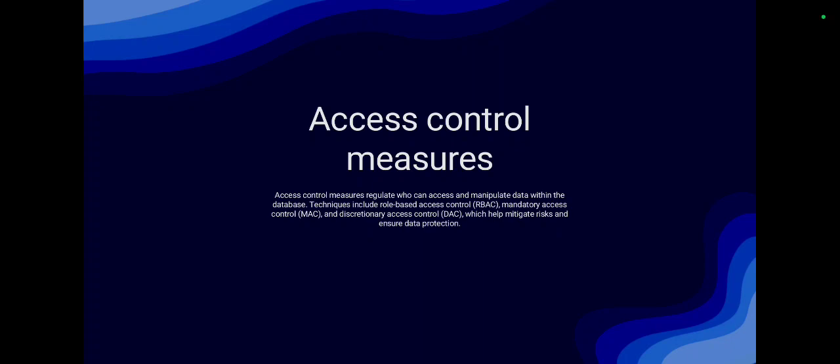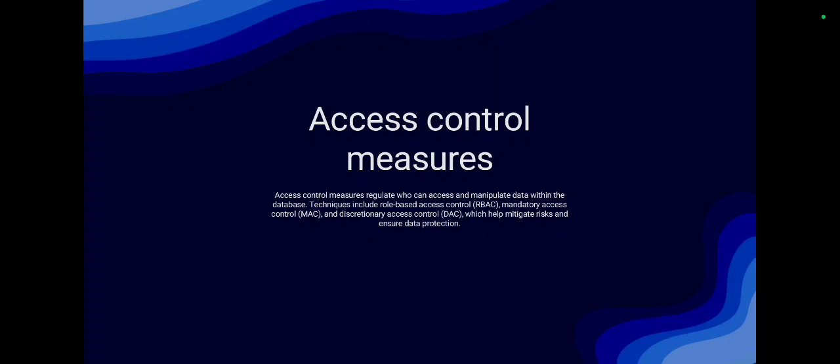RBAC, role-based access control, grants permission based on user roles. So if your user role has a particular access, that's RBAC in action. There is also mandatory access control, which enforces strict security policies. You can't breach the security policies in the database management system.